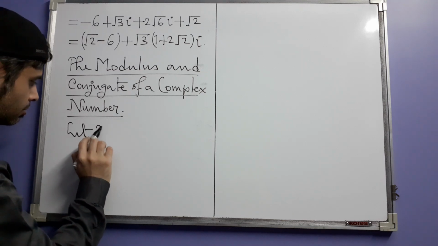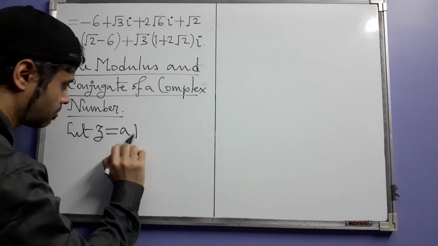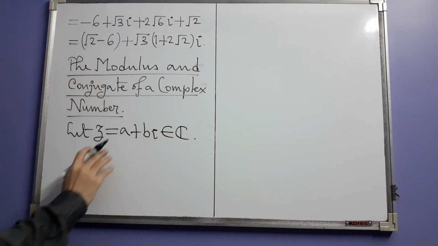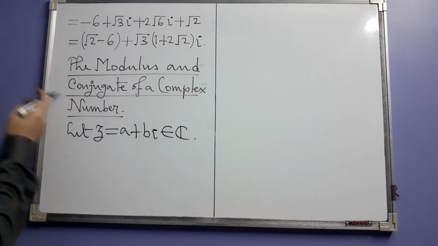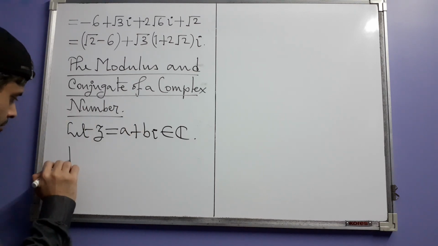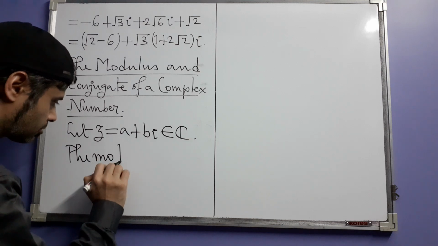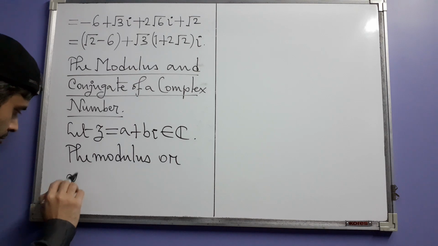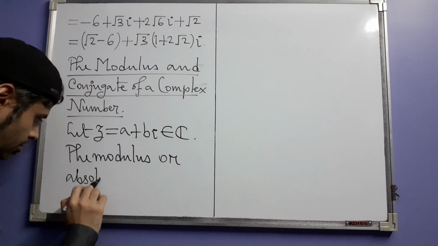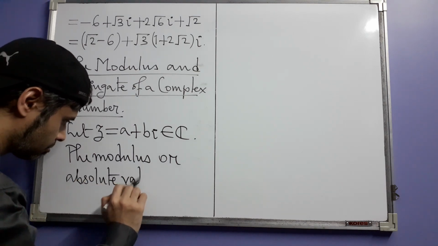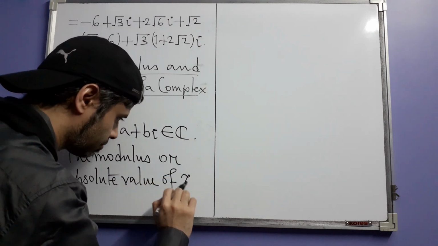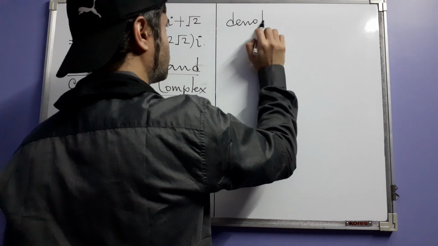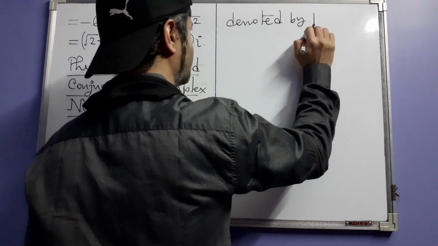Let z be a complex number, where it's of course understood that a and b are real. a is the real part and b is the imaginary part. The modulus, or there is another name, absolute value of the complex number z, denoted by this.